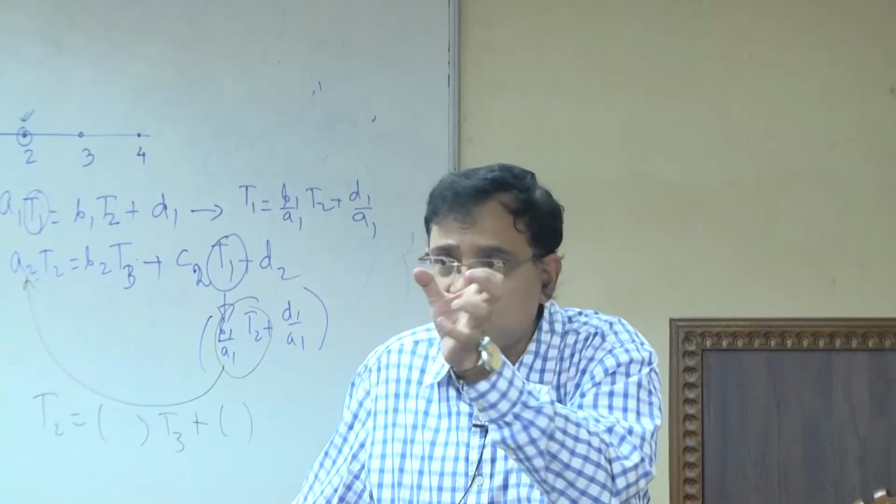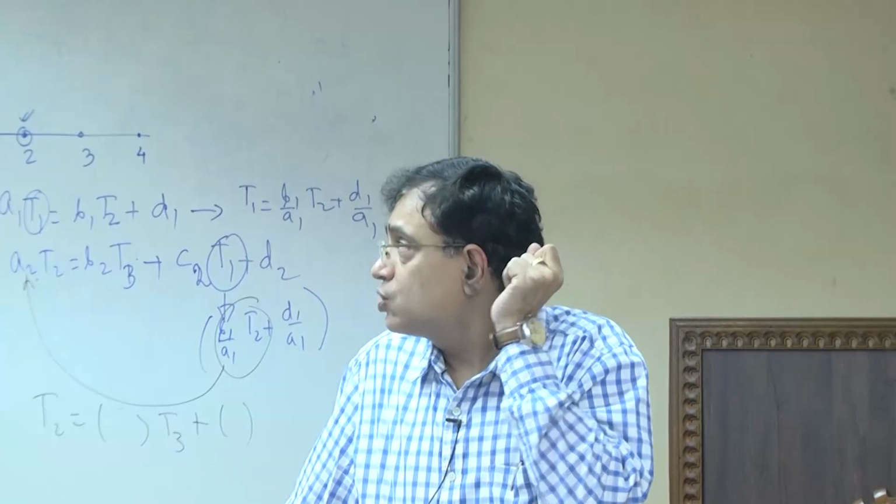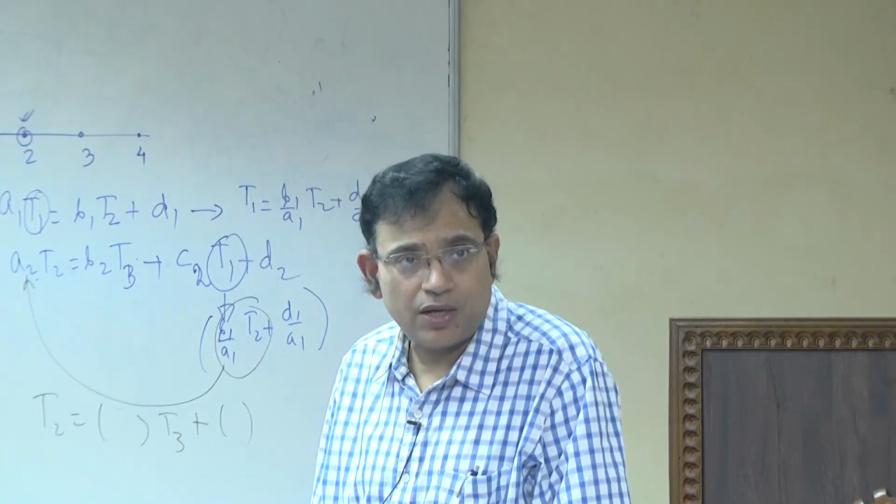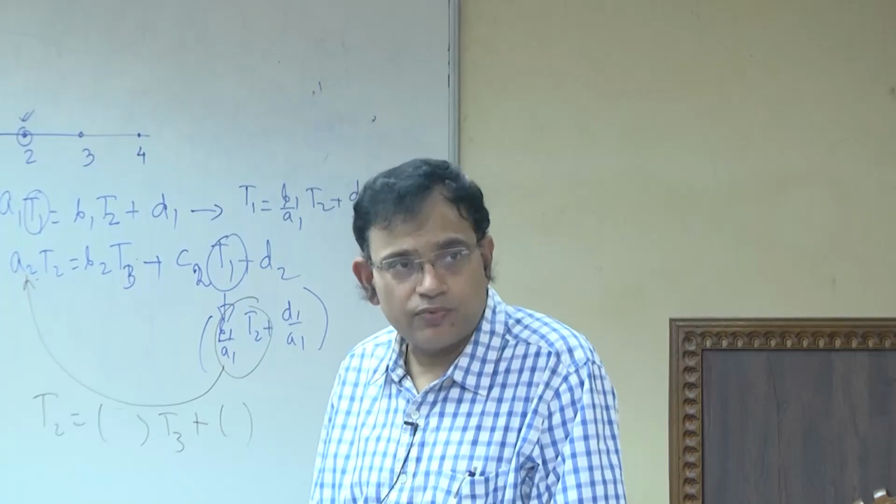These are the two discrete values. So, we can write it as a weighted average. We can use an interpolation function f, where f will tell how much weight will be there for the beginning of the time step value and how much weight will be there for the end of the time step value.